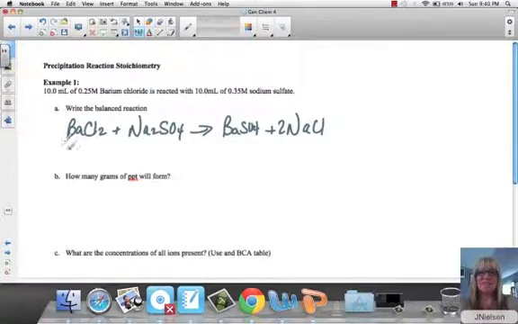So let's write down what we know. We've got 10 mL times 0.25 molar. And that's going to give us 2.5 millimoles. Remember, when we take milliliters times molarity, we get millimoles. And then we've got 10 milliliters times 0.35 molar, and that's going to give me 3.5 millimoles.